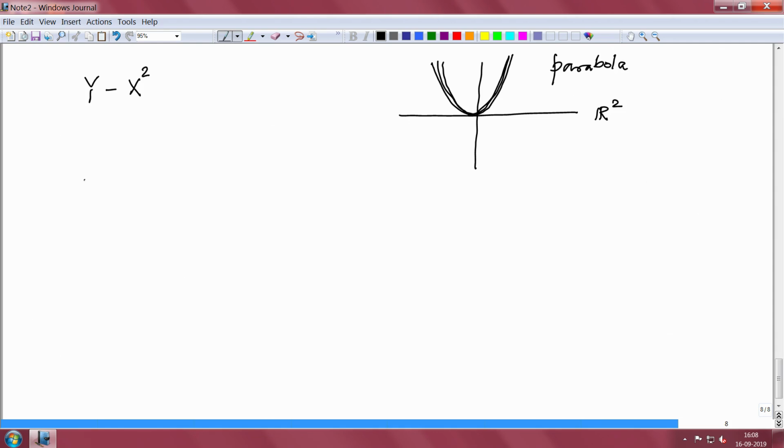In the other case, xy minus 1, it is like this, not touching here.